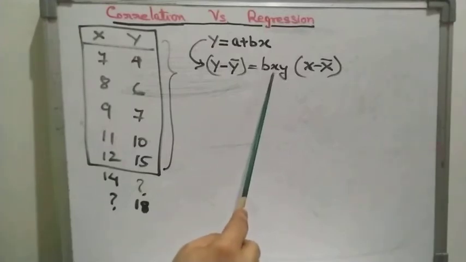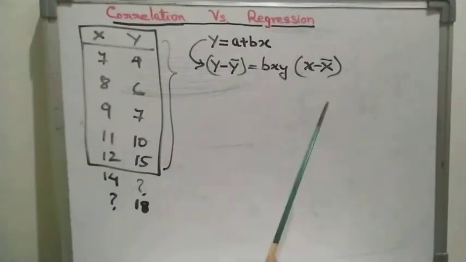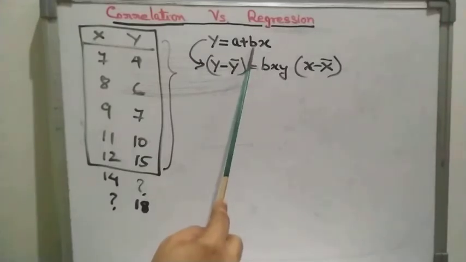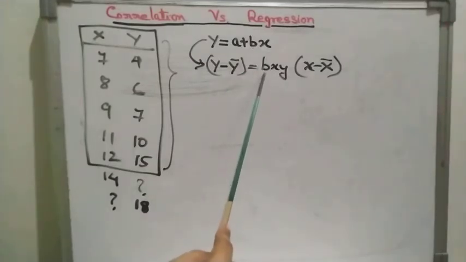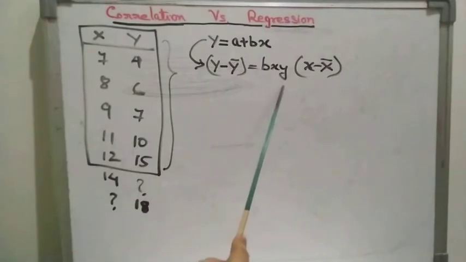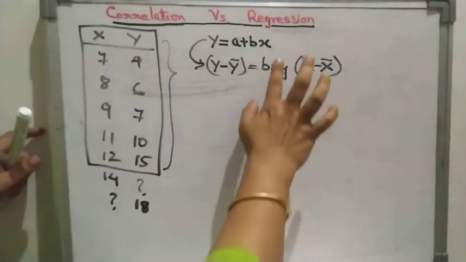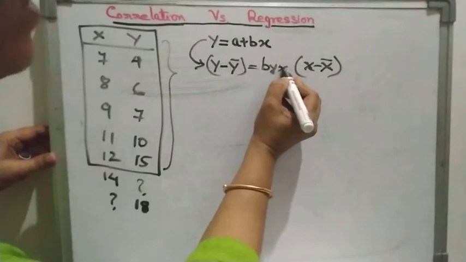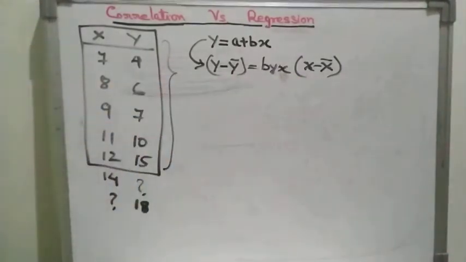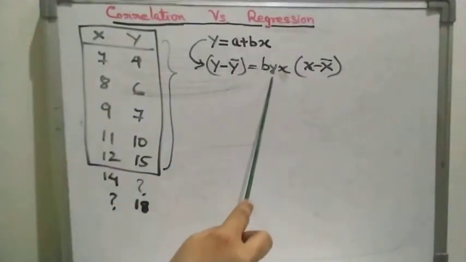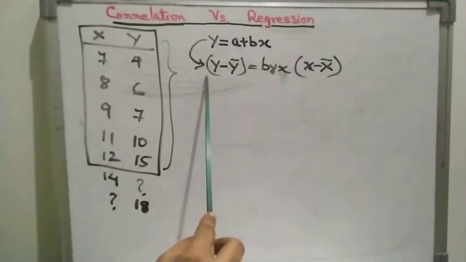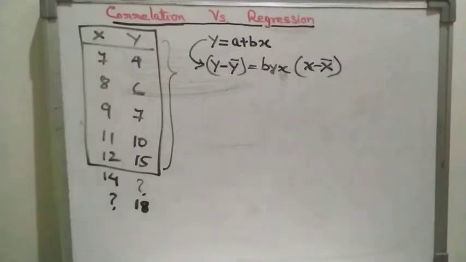This b is the slope, and we have used a suffix here because y is the dependent variable and x is the independent variable, so it is byx, y first then x. It is the regression equation of y on x.